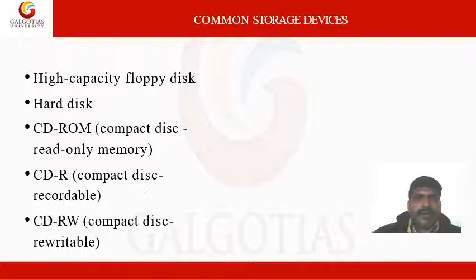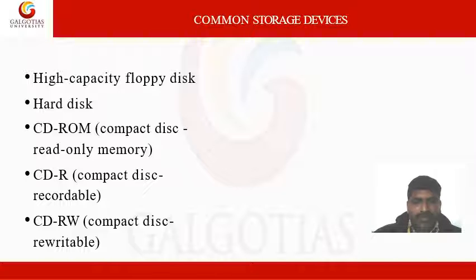Now, common storage devices. When we talk about common storage devices, there are high capacity floppy disk, hard disk, CD-ROM, compact disk read-only memory, CDR, the compact disk recordable, and CD rewritable.